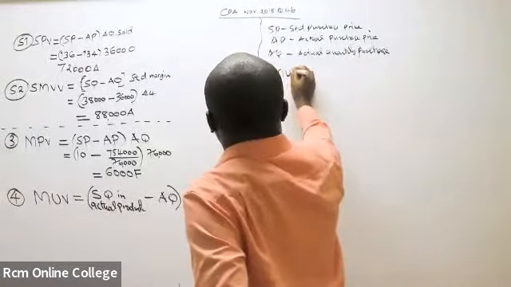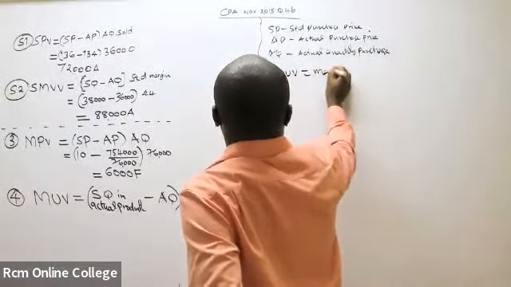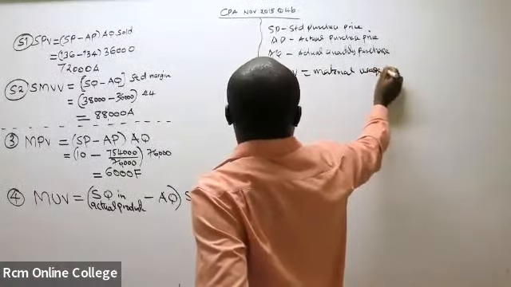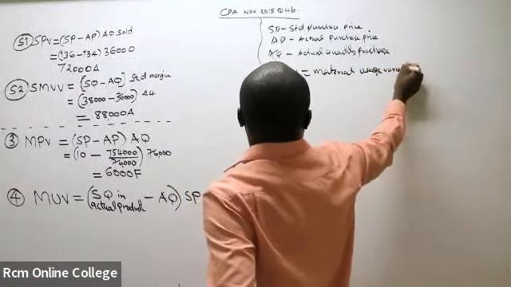So MUV is equal to material usage variance.